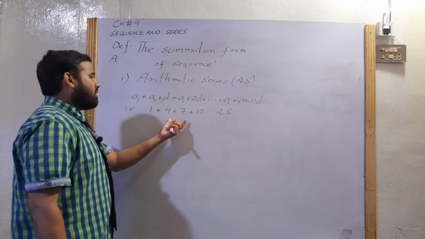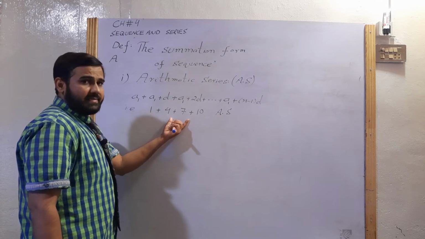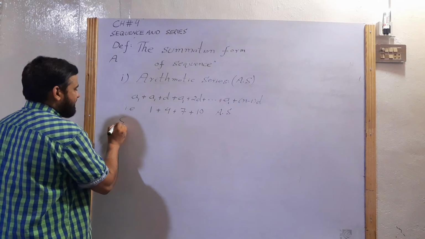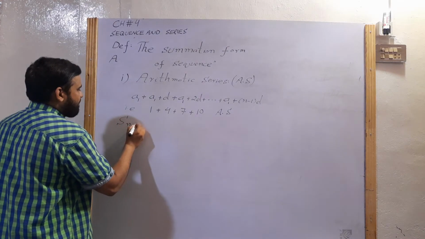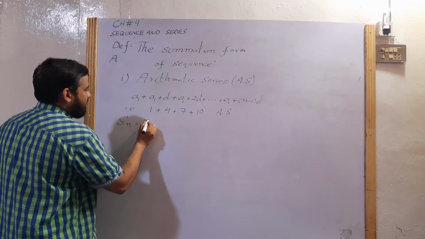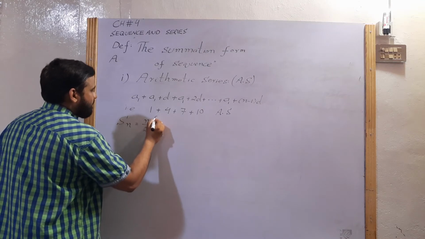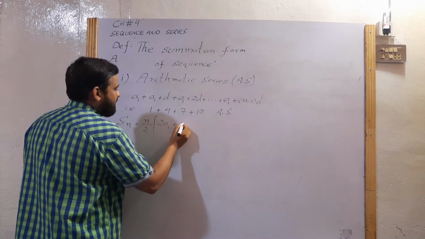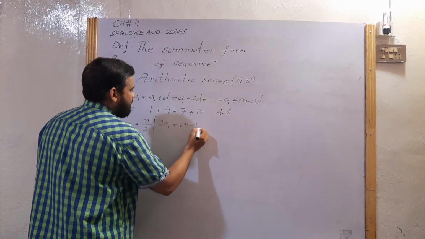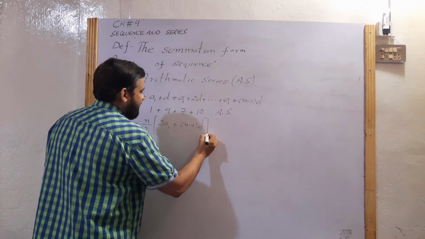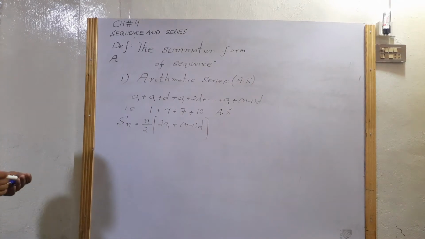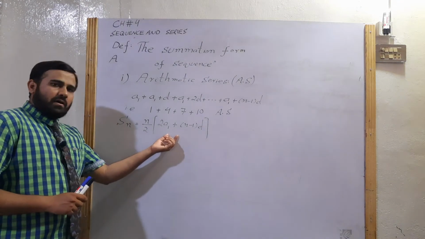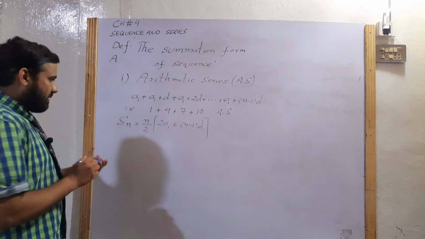How do we find the sum of this type of series? The formula for the summation in this case is Sn equals n by 2 times (2 a1 plus (n minus 1) into d). It is the formula to find the sum of n terms in case of arithmetic series.